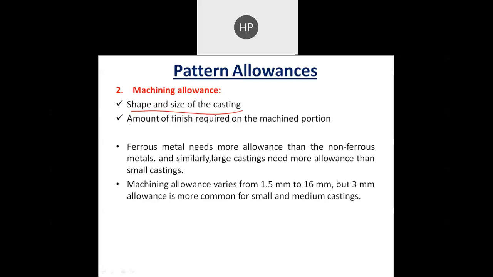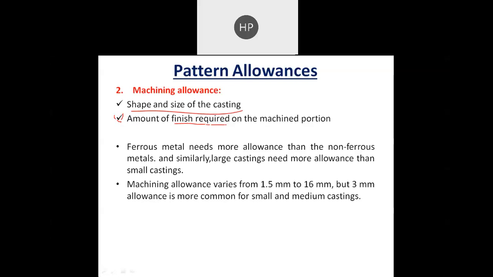And finally, the amount of finish required on the machined portion. If we require a very good surface finish, or just a simple finish, or sometimes only a rough surface, based on that, what finish we require.